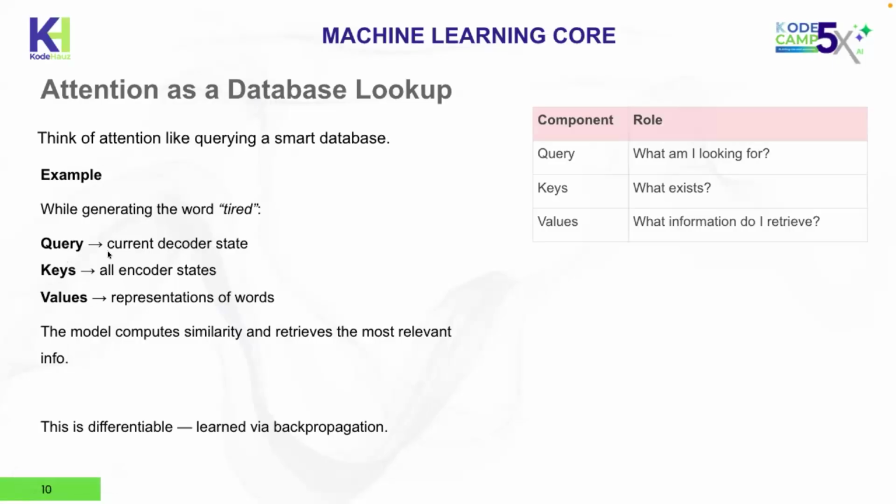But anyway, the query is saying what is the current state of the decoder, or essentially what am I trying to predict next. Then the key is what are all the states in the encoder? In other words, what is the entire sequence coming in from the encoder? Then the values, just think of values as what is my vocabulary.